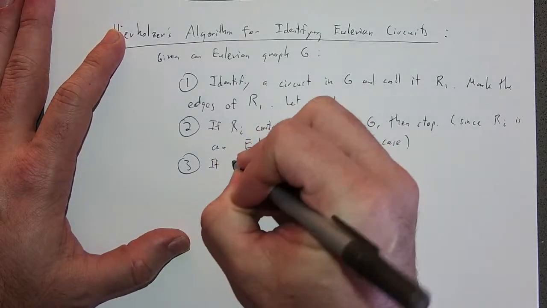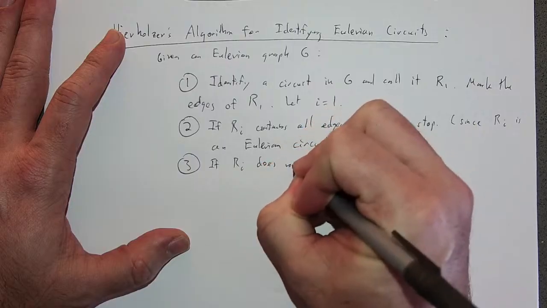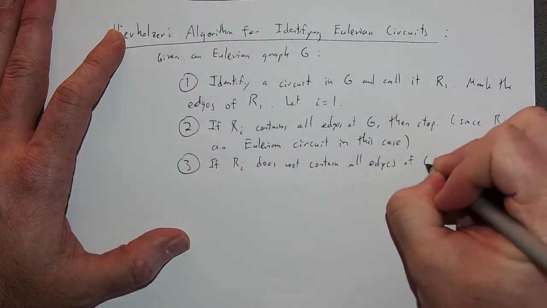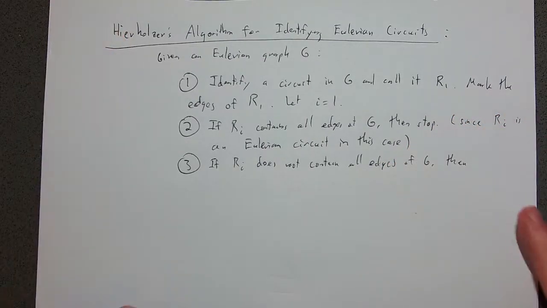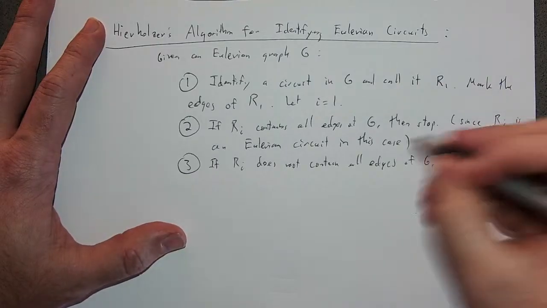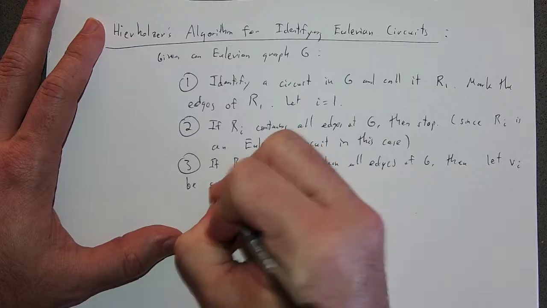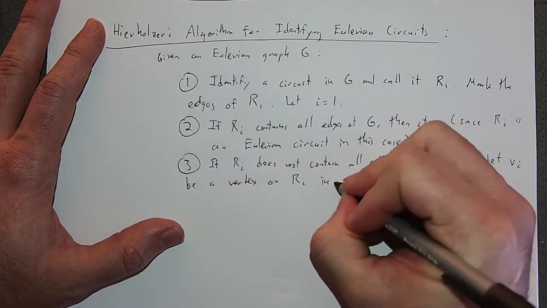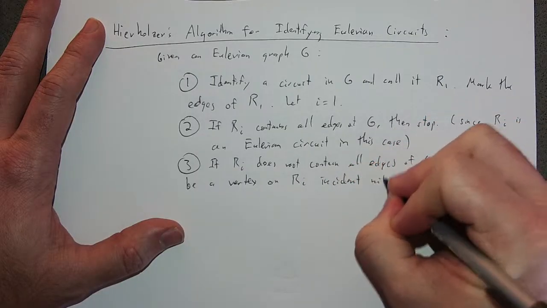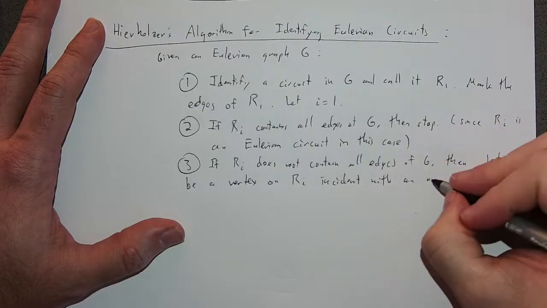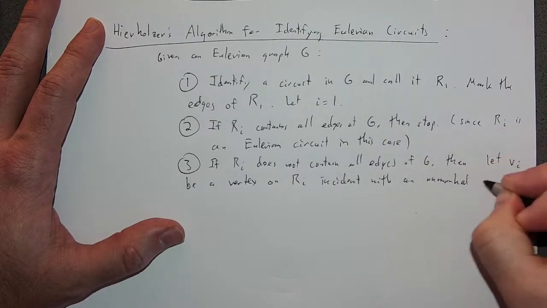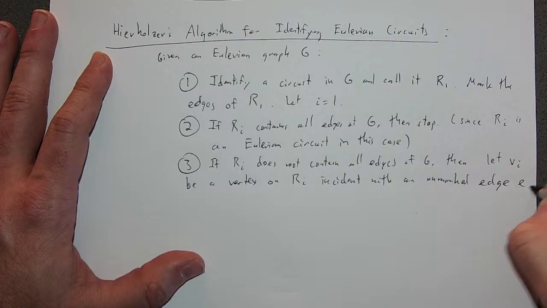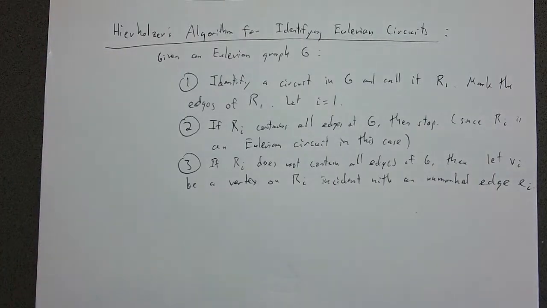So if R sub I does not contain all edges of G, then let V sub I be a vertex on R sub I incident with an unmarked edge. We'll call this unmarked edge E sub I.